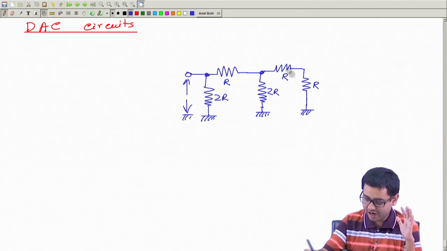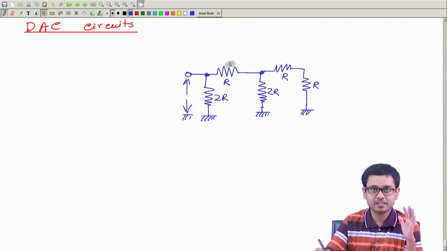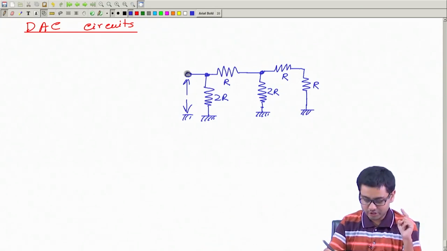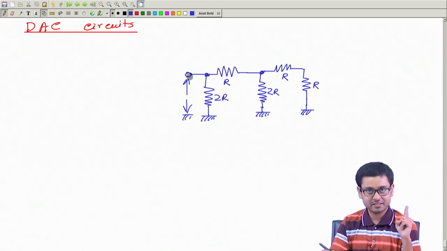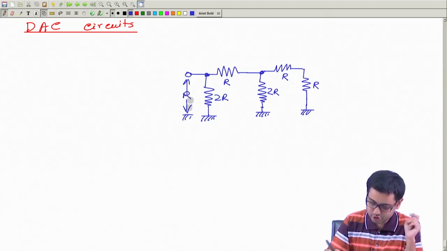This is R plus R, so that means this part is 2R parallel 2R. 2R parallel 2R is R. So between these 2 points, the resistance is R.